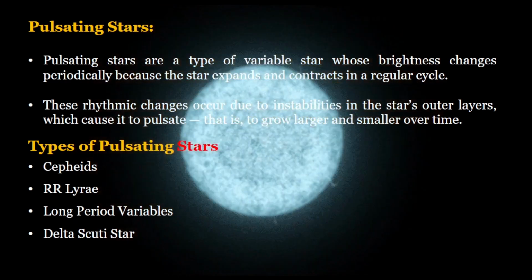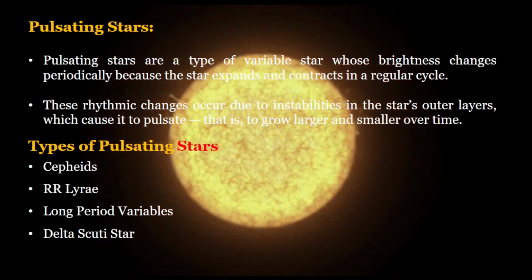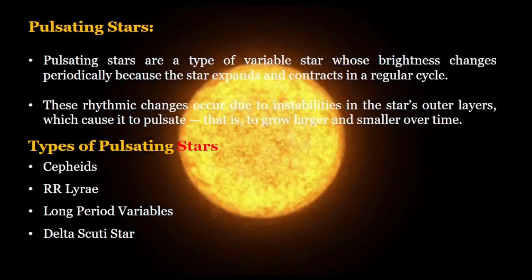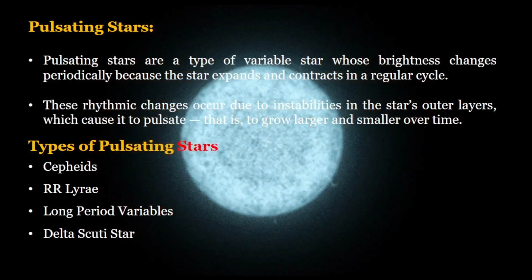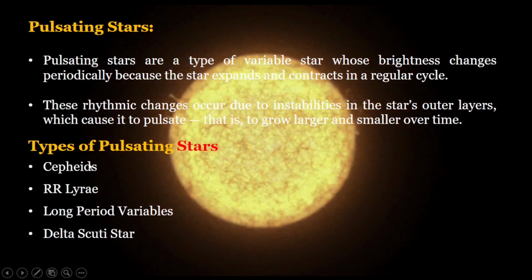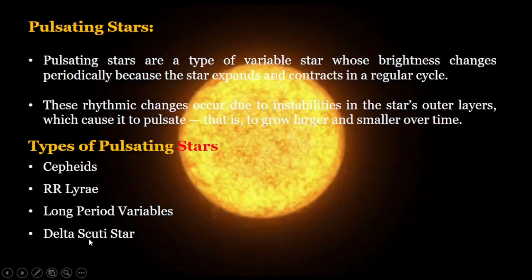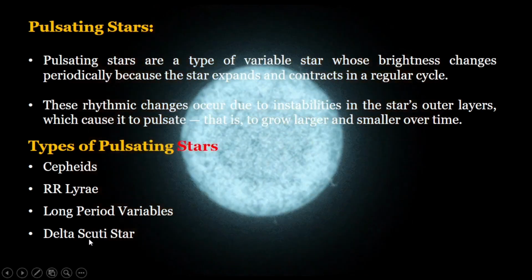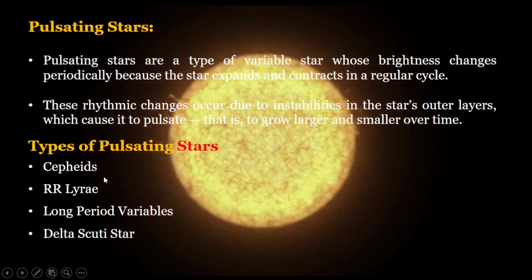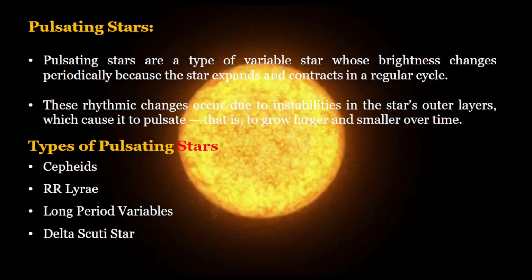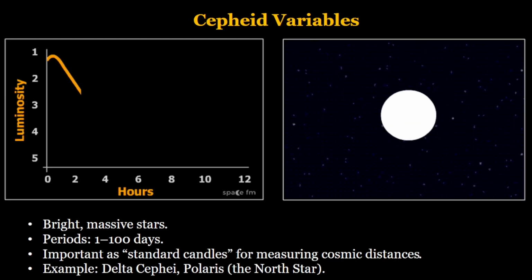Now we have different kinds of stars that behave this way. We have Cepheids, RR Lyrae stars, long period variables, and Delta Scuti stars. I'm going to treat these pulsating stars in more detail in my next lecture, but I'm just going to give a brief overview of their characteristics.